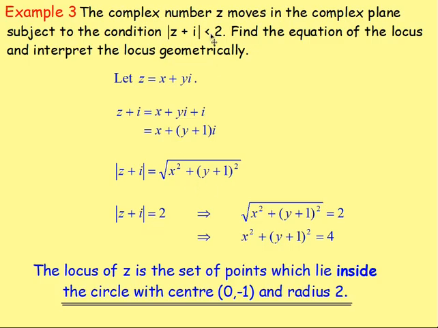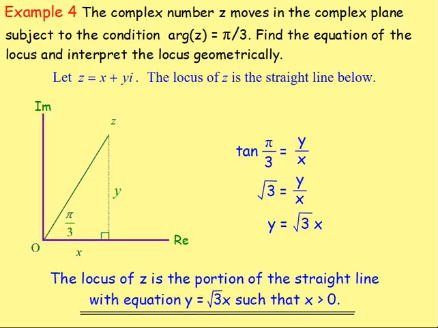Set it equal to 2, don't set it less than, just set it equal, and then you'll get an equation of a circle. But because we know it's less than 2, it's going to lie inside the circle. If it was equal to 2, that would be on the circumference, but because we know it's less than 2, it's going to lie inside. So look out for that.